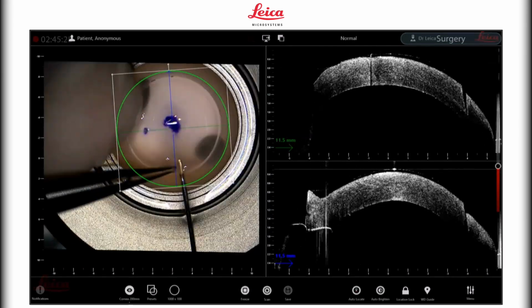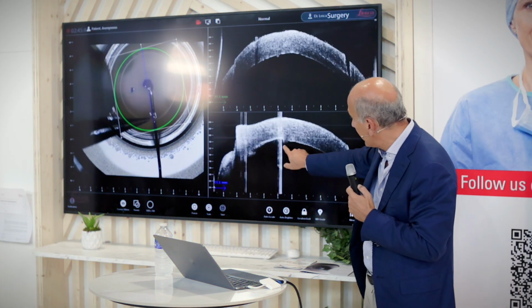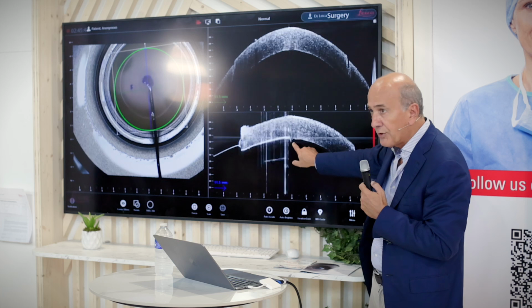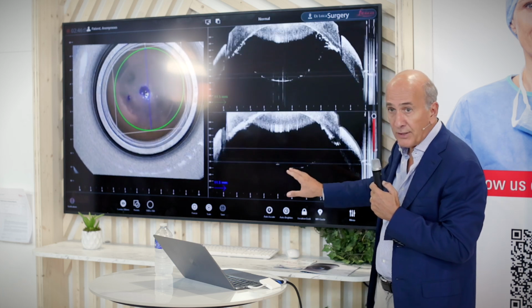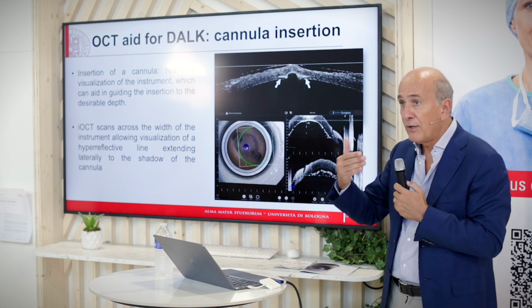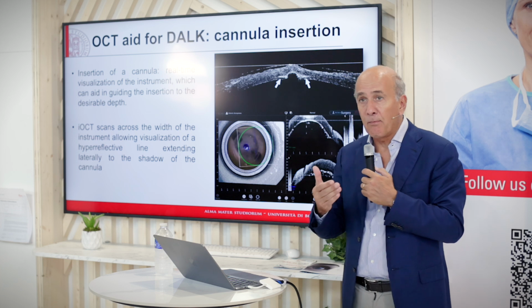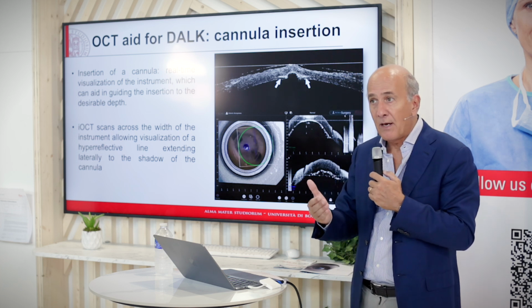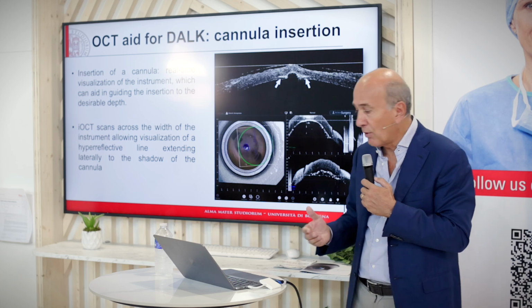In this case, it was deep. So I insert my cannula, and you can see the cannula advancing here, and you can see how close it actually is to the Descemet membrane. So you do see what it does, okay? And once it's deep enough, you inject air, and you get a bubble formation with much higher probability than without using an OCT, just by guessing where you are in the stroma.